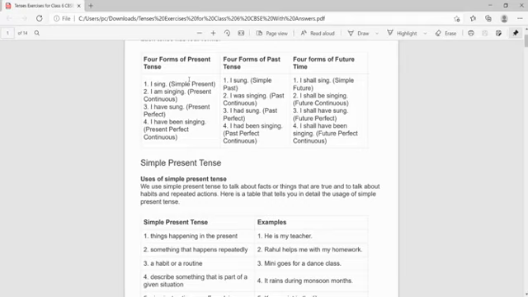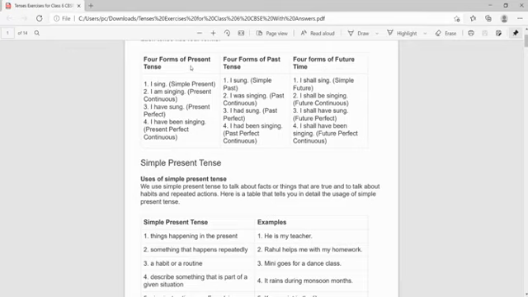Present is what is going on. For example, I am teaching. I teach. This is present form. The thing that is finished is past, and the thing that will happen is future.